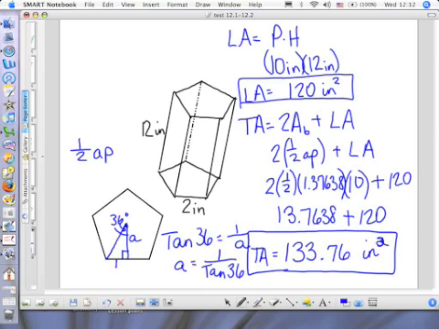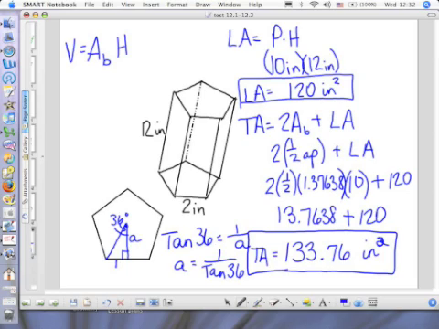Okay, then we need to find volume. Wait, so this would be a prism? This is a prism. The volume is the area of the base multiplied by the height. Okay, is the area of the base 13.7638? No, that's the area of your base times 2.